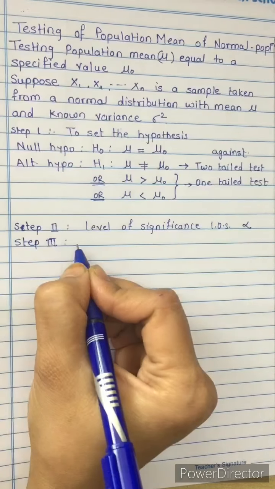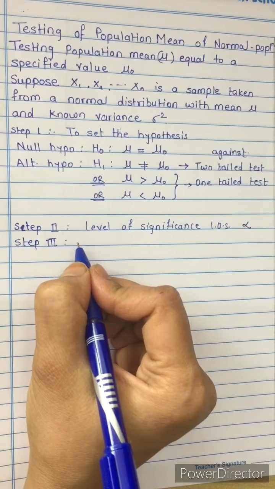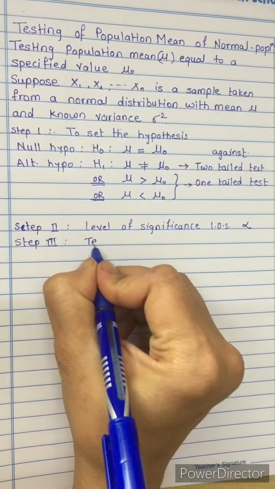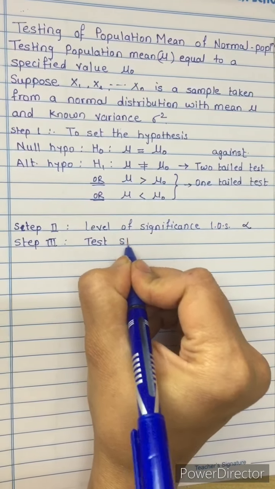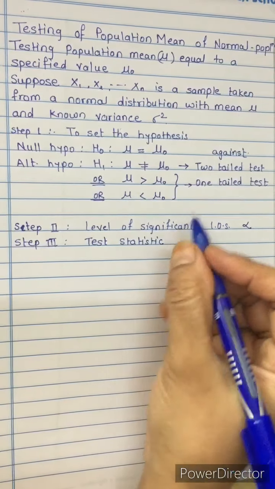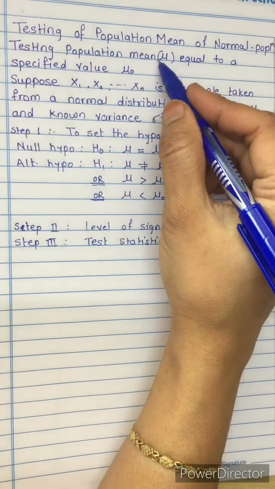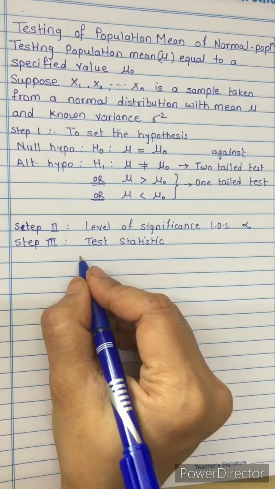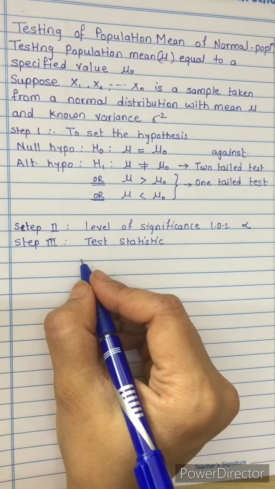In step 3, we write the test statistic. So here there is a calculation of population mean mu. So our test statistic must be sample mean x bar. Correct.